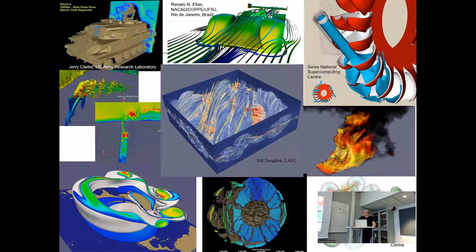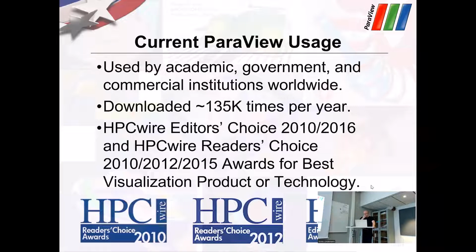Here are some examples that have been done using ParaView. And you can see here it can handle really large models and visualization of these models. It is used by universities, governments, commercial institutions. And you see it has a lot of awards for excellent application.